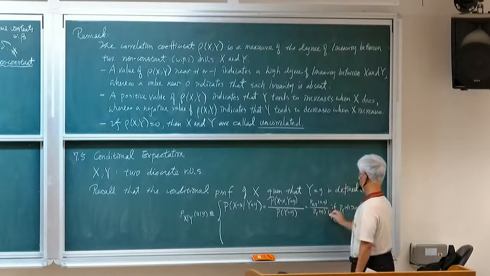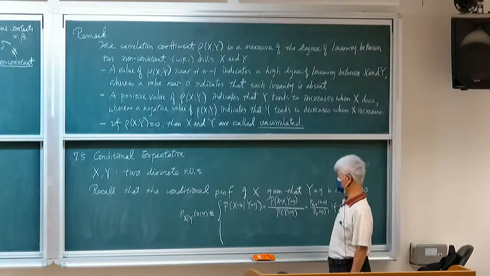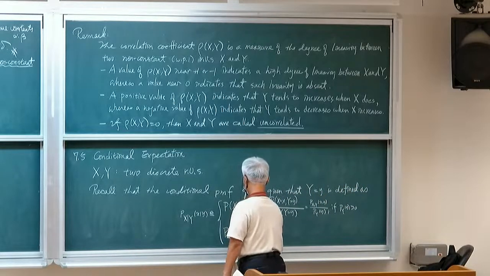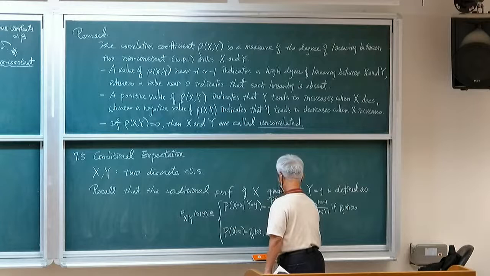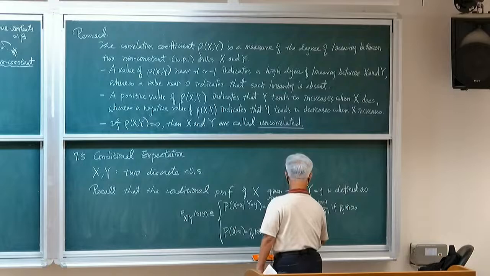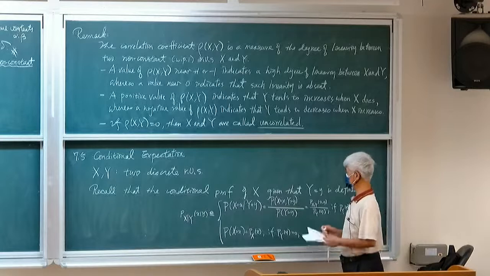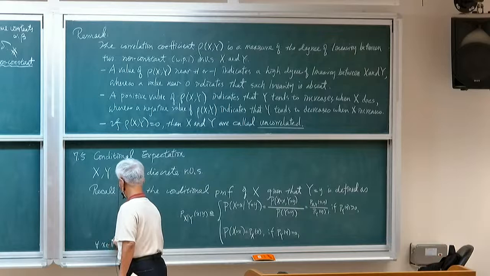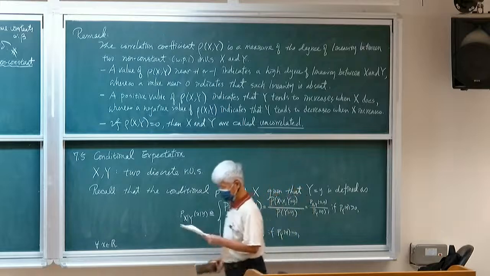If the denominator is positive, we define it this way, and if it is equal to 0, we define this to be just p_X(x). So we define the conditional PMF, and this is good for all x in R. That is the conditional PMF we defined before.